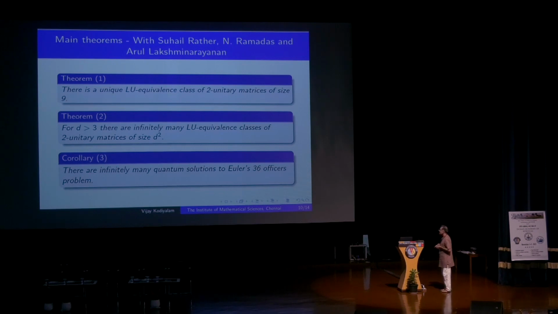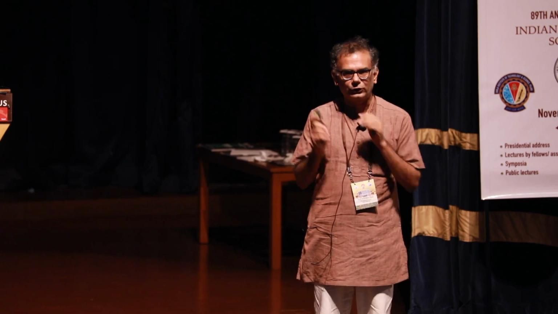Okay, I'll state the main theorems. The main theorems that we've shown are the following. First, if you take 9 by 9 two-unitaries, I gave you one example of a 9 by 9 two-unitary, there is only one LU equivalence class of such two-unitaries. That means for 3 by 3 quantum orthogonal Latin squares, there is only one, and that's the one that I showed you.